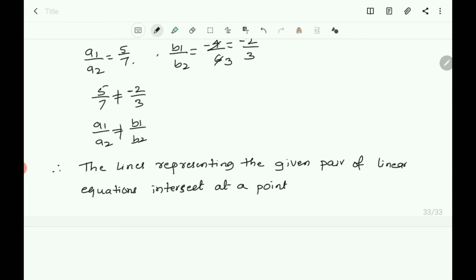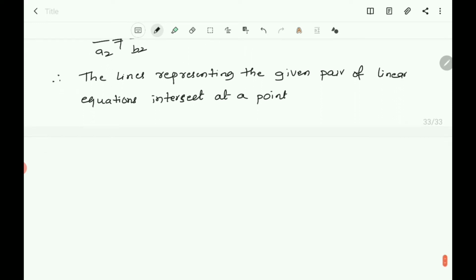That is, a1 by a2 is not equal to b1 by b2, so they intersect at a point.